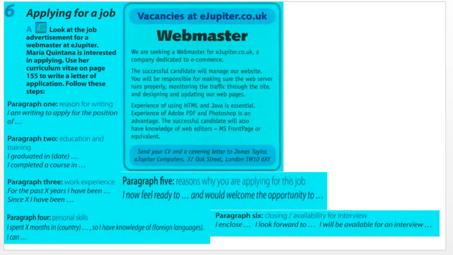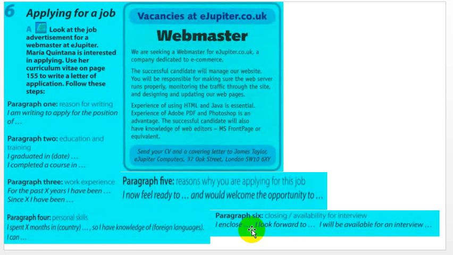Paragraph 3, work experience: for the past years, since I have been. Paragraph 4: I spent how many months. And paragraph 5, the reason why you are applying for this job: I now feel ready and will welcome the opportunity. Paragraph 6, closing.